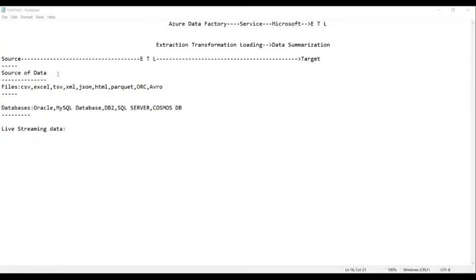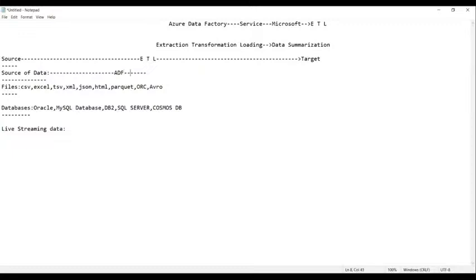So now, from the source of data, the data is extracted. On all this data we use ADF, that is the Azure Data Factory.